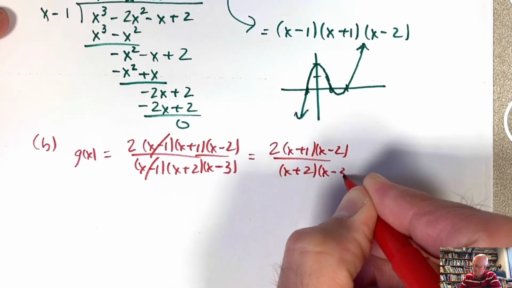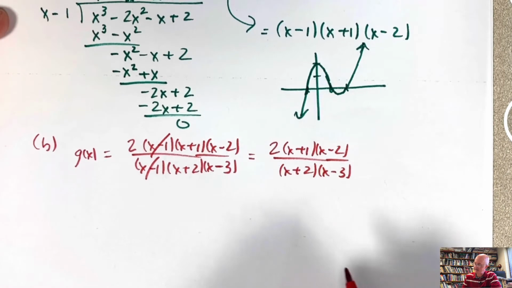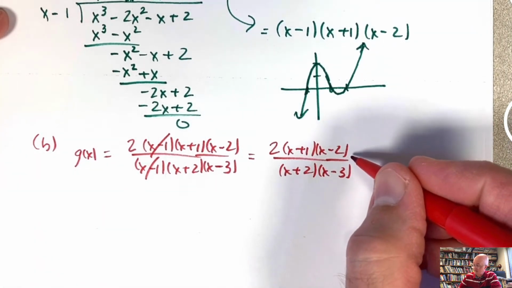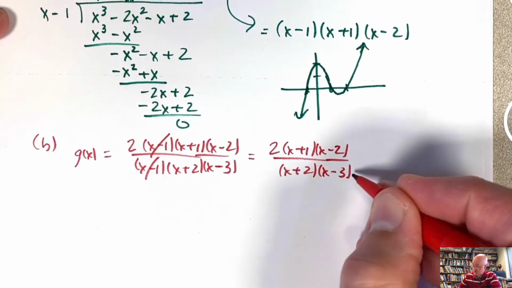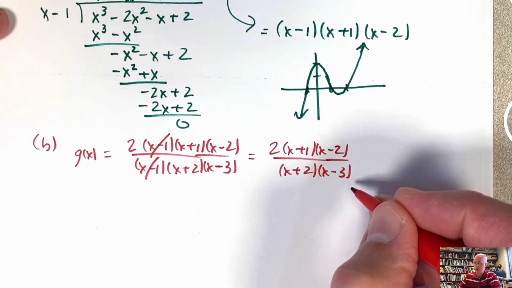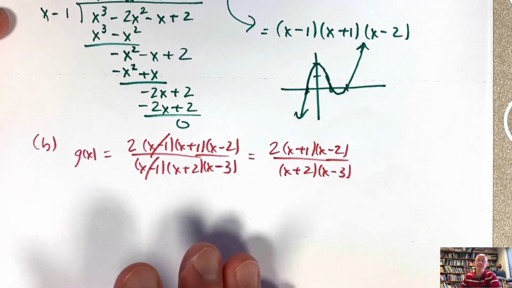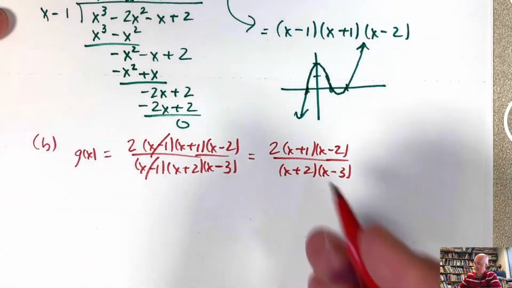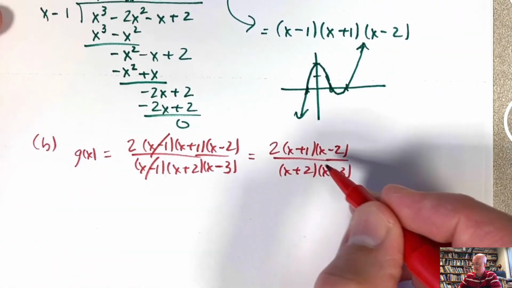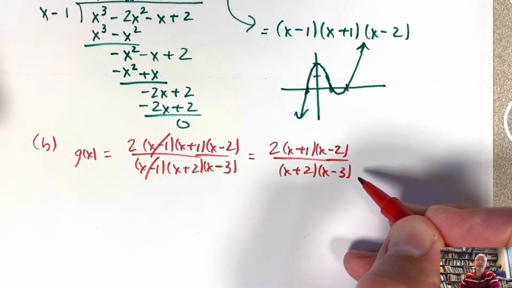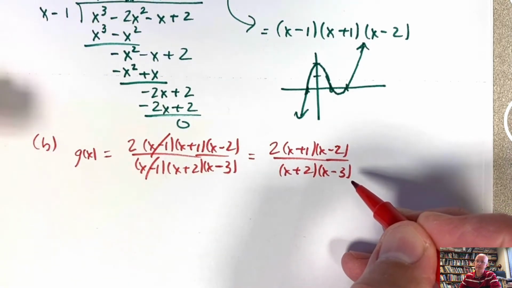And now once you've canceled common factors, you can say the x-intercepts of g are going to be at the roots of the numerator, and the vertical asymptotes of g are going to be at the roots of the denominator. You can also say right away, without making a graph yet, that g of x does have a horizontal asymptote. The degree of the top and bottom is the same. Degree 3 here, degree 3 here. That means there is going to be a horizontal asymptote.